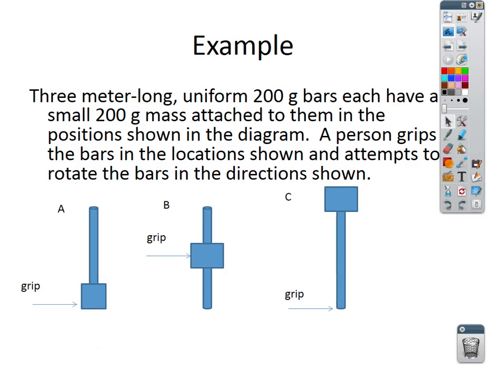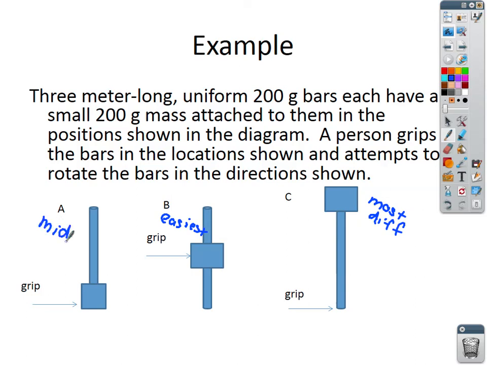It would be the easiest to rotate. Okay. And then, yeah, sorry, just blanking out here for a second. This one's going to be the easiest. We know this one's going to be the most difficult because I'm rotating both the rod and the mass. And then obviously A is right in the middle.